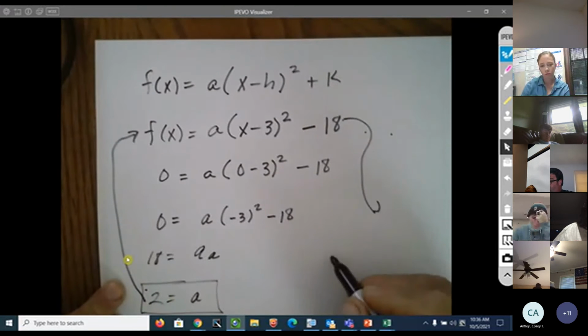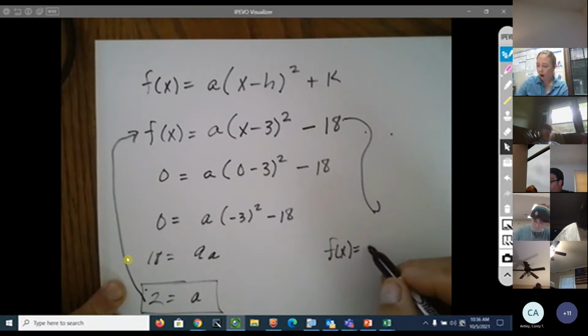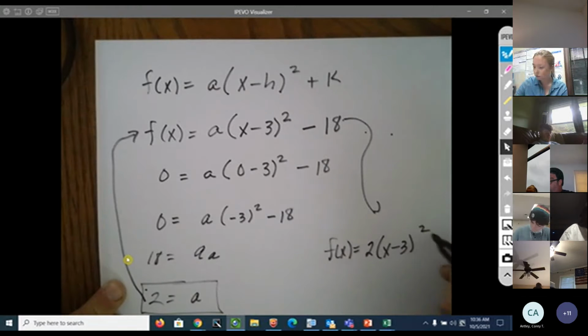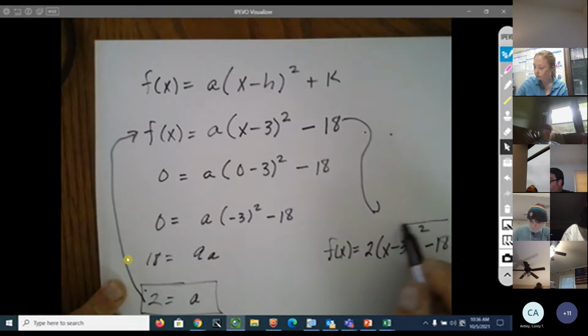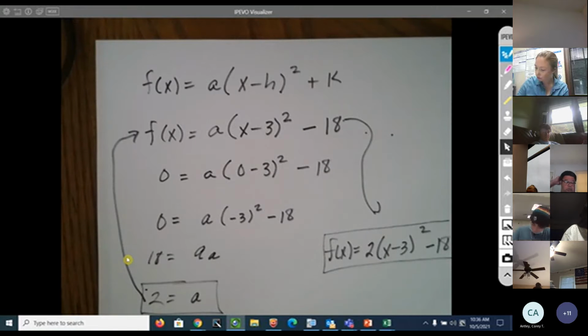And you get f of x is equal to 2 times x minus 3 quantity squared minus 18.